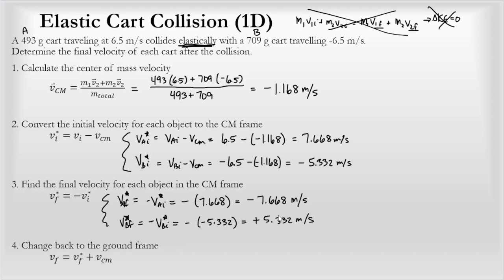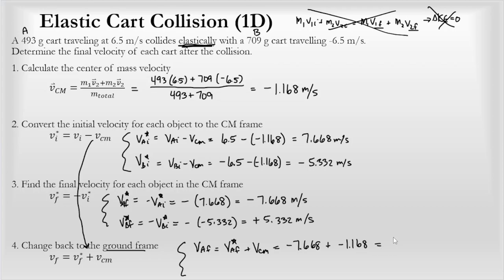So let's get back into the ground frame. We're going to undo in this step what we did in step 2, so we're going to add back on the V center of mass. VA final equals VA final star plus V center of mass. I'm going to take VA final star, negative 7.668, and add on negative 1.168.